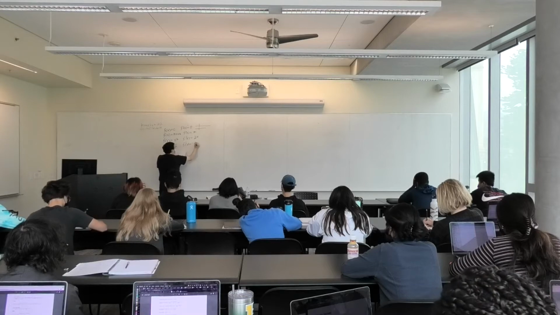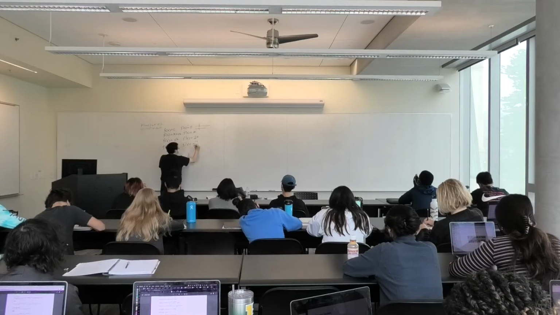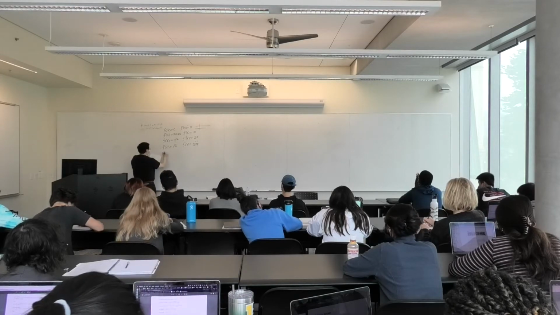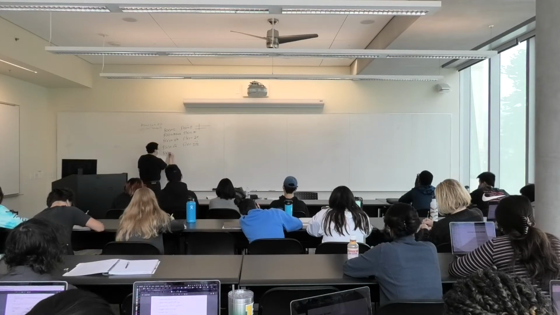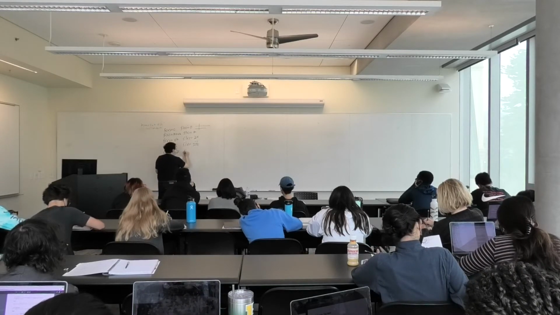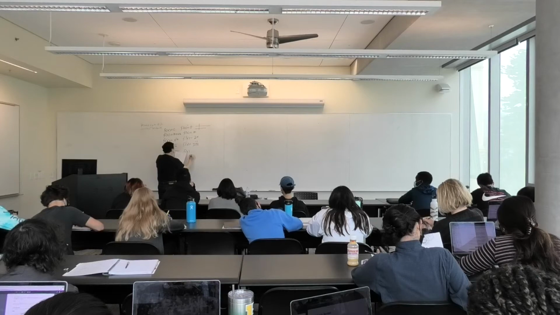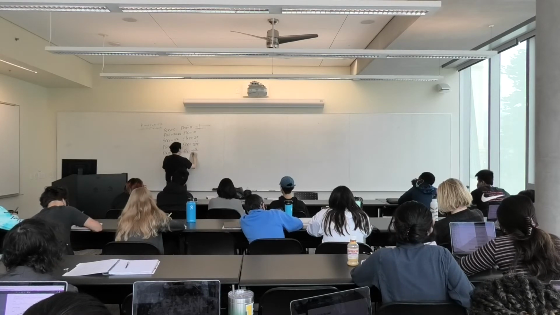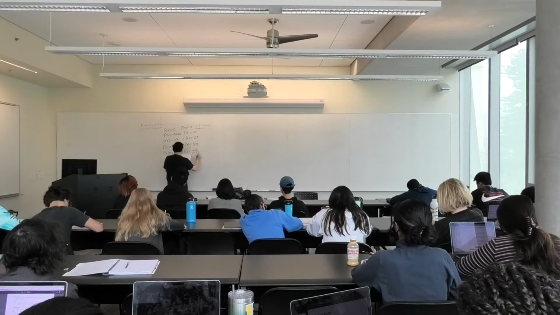The derivative is 1 over 2 times the square root of x. And finally, the circle, we have the square root of 1 minus x squared. The derivative is negative x over square root of 1 minus x squared.